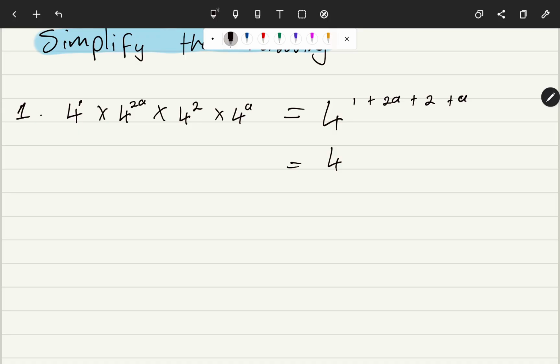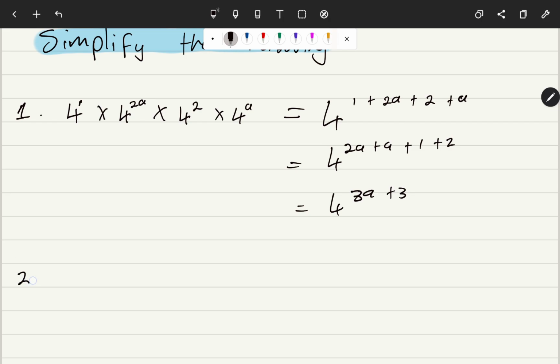You can add it straight away, or you can group it. Let's group it: 2a plus a, plus 1 plus 2, and your final answer is 3a plus 3. There you go, you have your answer.